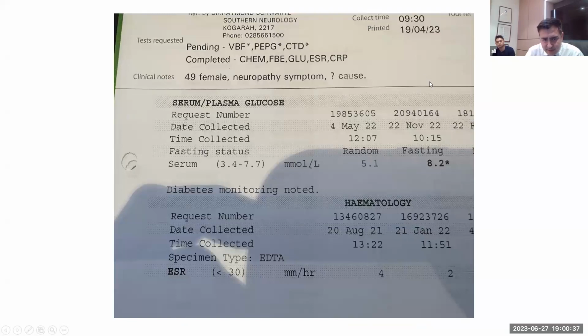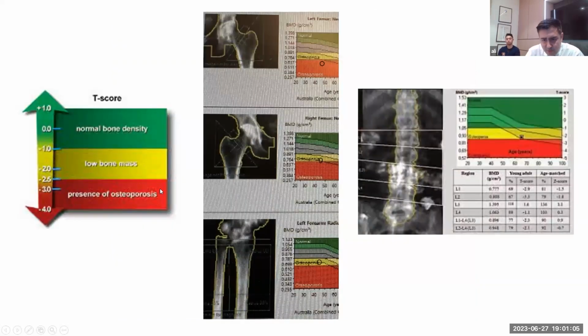And this is his plasma glucose level, a random glucose of 8.2. That's in keeping with diagnosis of diabetes mellitus. So he's already developed the diabetes, which is a complication of his Cushing's disease. Are you all comfortable with the interpretation of these results, I hope? Please say yes. His ESR is normal, and this is his bone density.